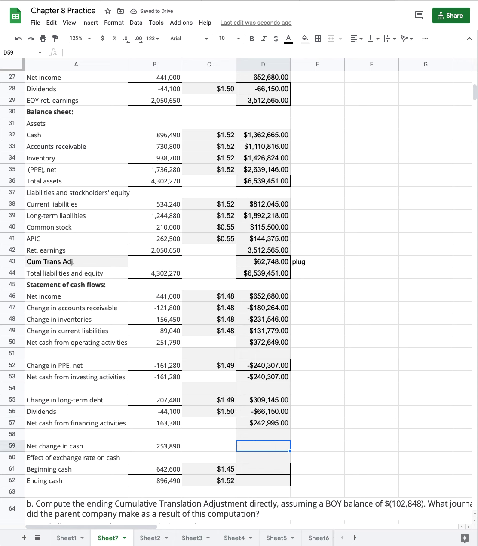All right, so then the net change in cash, we'll just grab the operating, investing, financing for a total of $375,337.